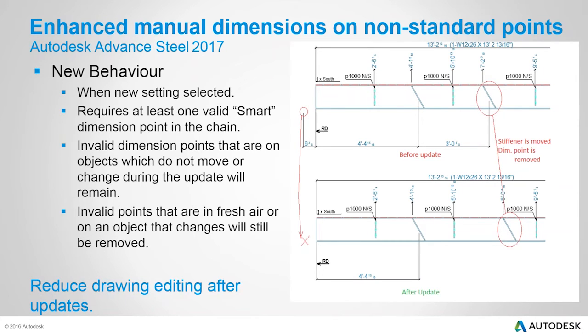So most of your manual dimensions should survive the update, even if they're going through to non-standard points now. We would still recommend and encourage you to use the preferred for manual dimensions O-snap whenever possible, but if you have to choose another point, then you should get a lot less rework and a lot less editing of your drawings after that update. So I'm sure that will please everybody to know that their dimensions should be safer now.